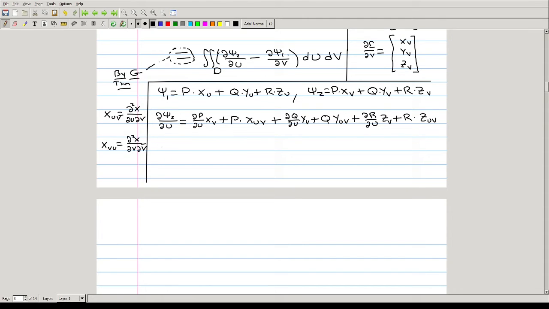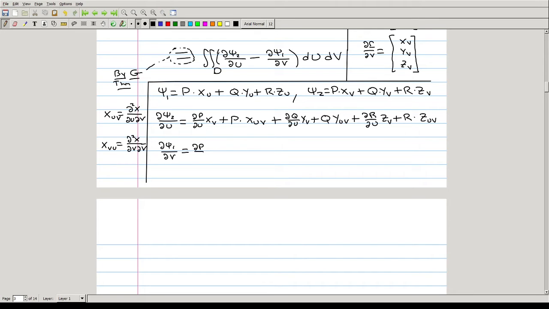And we have this other term that we've got to go through and calculate again, which is going to be a little bit long. dψ1/dv is going to be the derivative of this with respect to v.